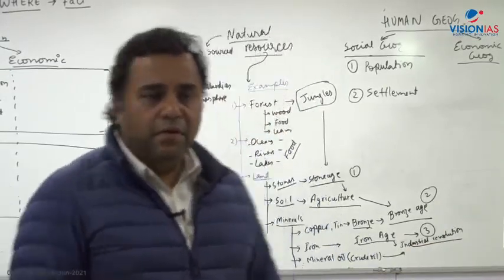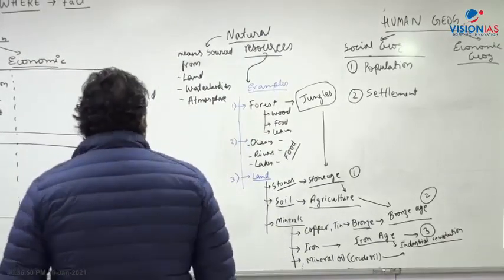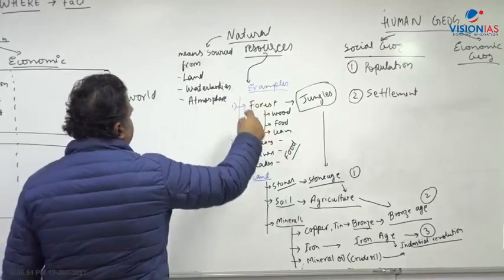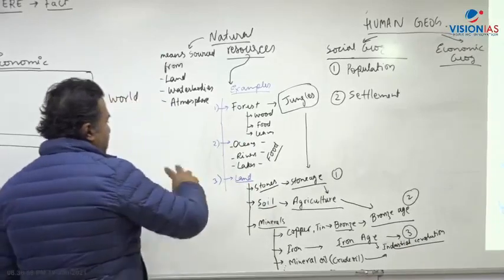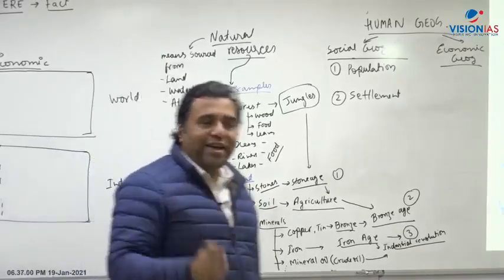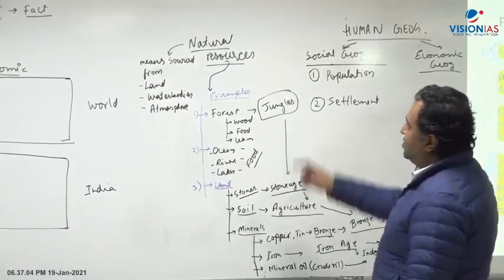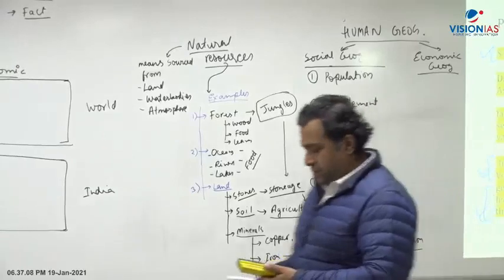We kept moving ahead, and presently we have come here. So when you see all these natural resources, forest, ocean, land, all these helped us evolve. They helped us grow, all these natural resources.